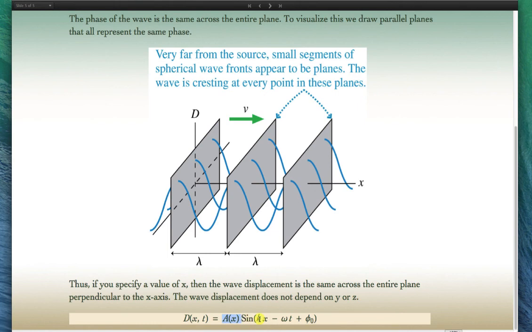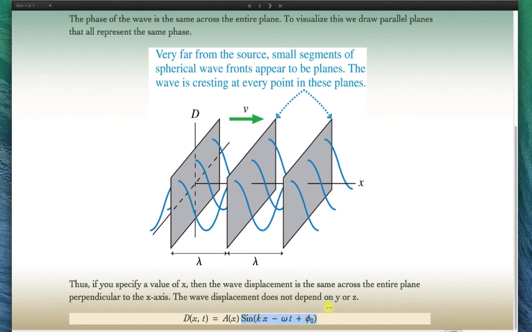Again, because these are not true one-dimensional waves, even though this equation looks very much like a one-dimensional wave because it only depends on one variable, these amplitudes, these maximum displacements along each wavefront, could actually be getting smaller and smaller as these wavefronts move further and further from the source. And that's because the waves are really being spread out over 3 dimensions and not just 1 dimension, like a one-dimensional wave would be.